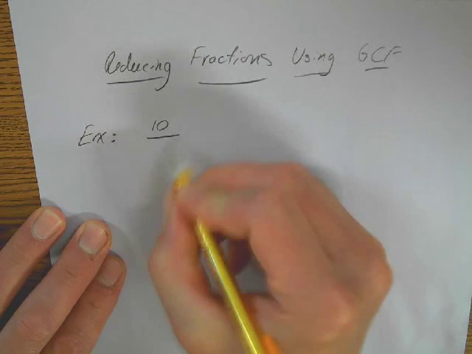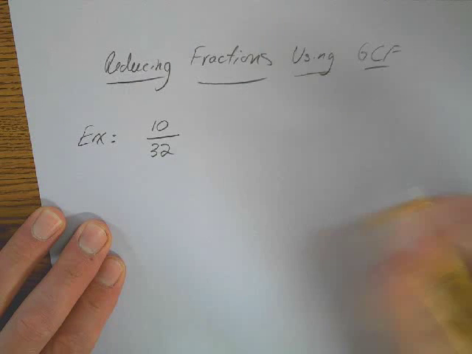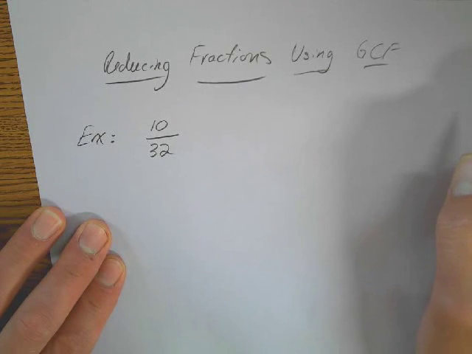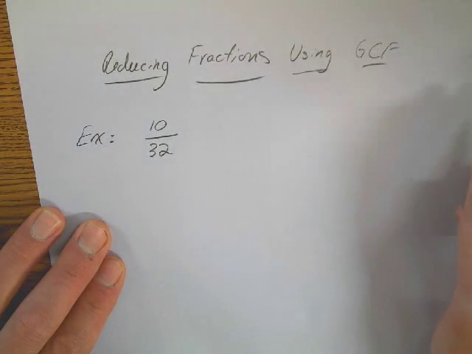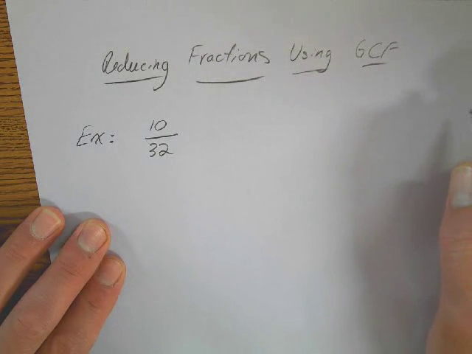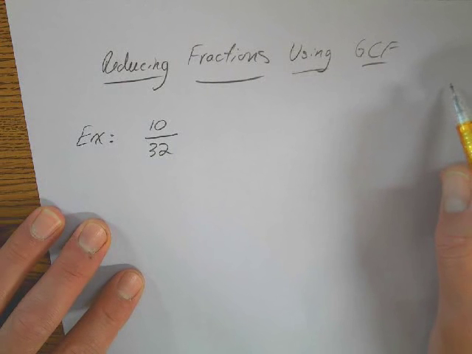Okay, so we want to know what number both of these can be divided by in order to get this fraction into what's called lowest terms. So to have it where no numbers can divide the top or the bottom number anymore.